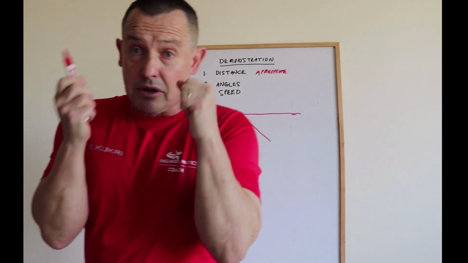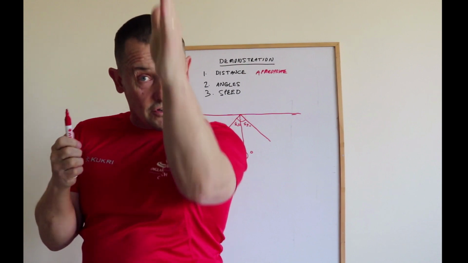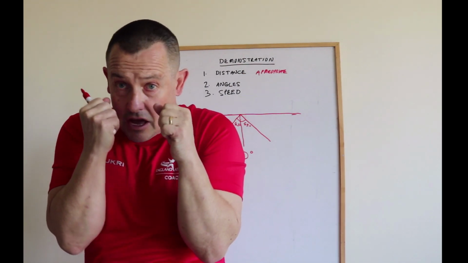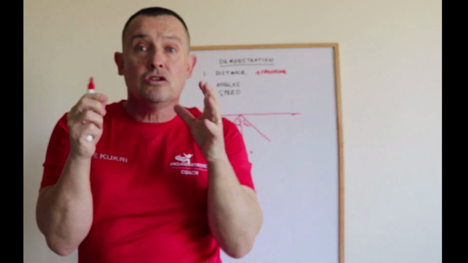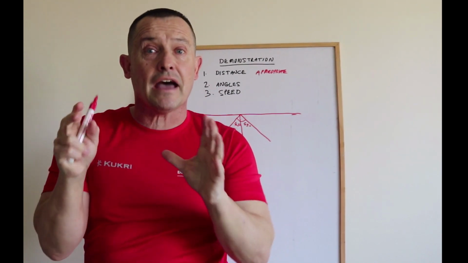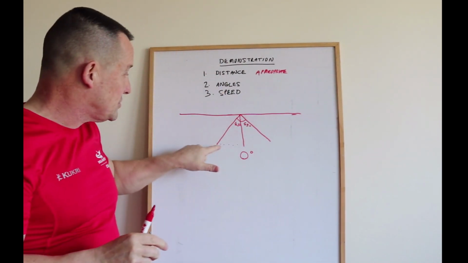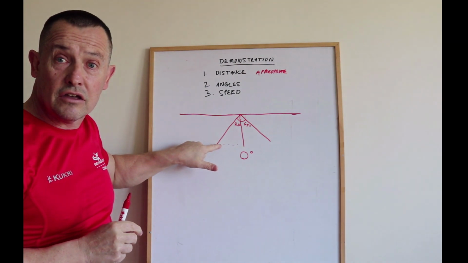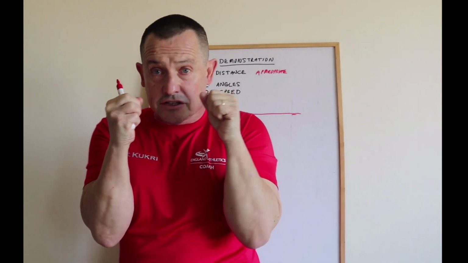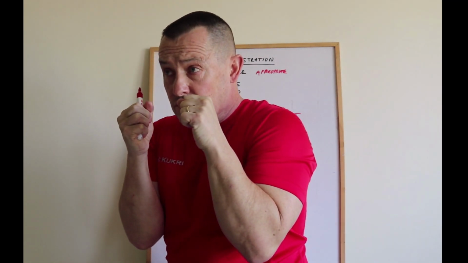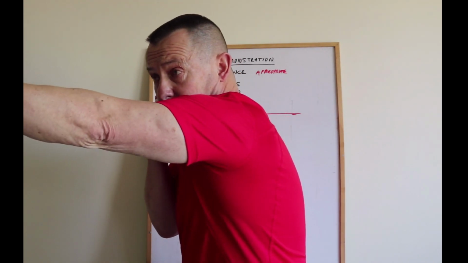Let me say, for example, if I'm doing a punch towards you and I want you to see it towards you like this, and I do a punch like that, you can see that straight on. Now, if, however, you were stood at this angle here, you wouldn't see it straight on, you'd see it at about 45 degrees, and you would punch like this. Now, how does that translate?